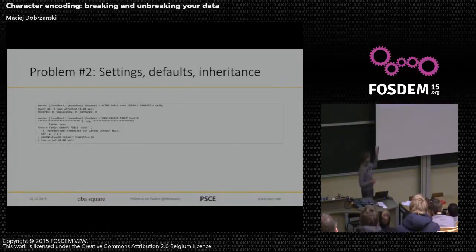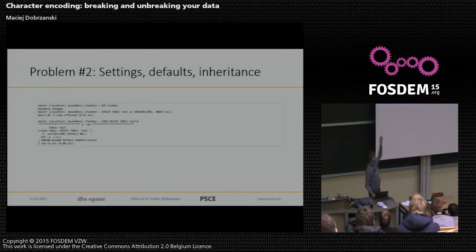Then we change the default character set for this table to UTF-8, right? And it turns out our column is still character set Latin 1. This is not displayed here because the column character set matches the table's default character set.